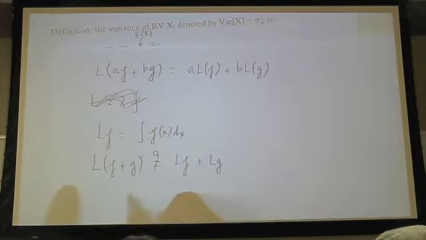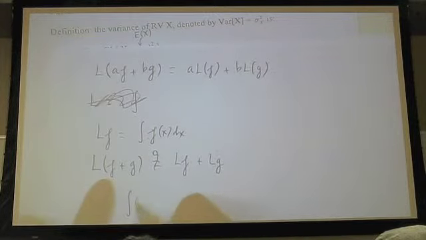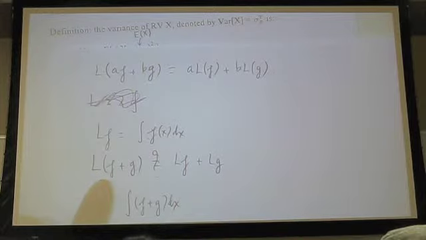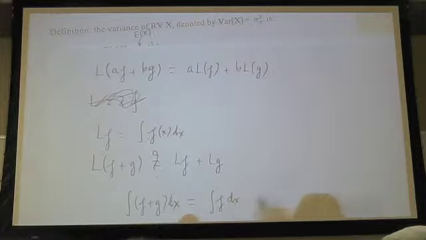So whenever I give you f plus g, you just have to integrate that sum. Integration, by definition, is the same thing as the integral of f dx plus the integral of g dx. Agreed? And then this thing is nothing but Lf plus Lg. Can you see that?